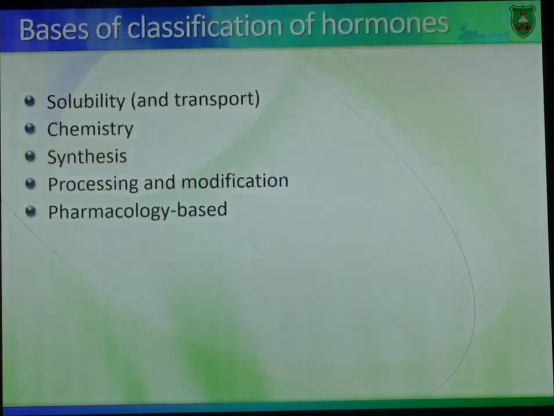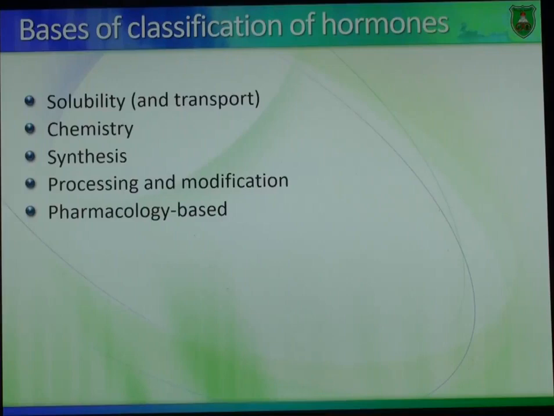Okay. So let's talk about something else now. Hormones can be classified into different categories according to a number of criteria. That is their solubility, that is lipid soluble or water soluble, how they are transported, mechanism of transport is also important, and it depends on the solubility of the hormone. The chemistry of the hormone, that is the structure of the hormone itself.